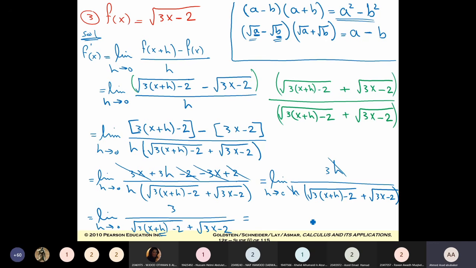Okay, so we have 3 over the same radical 3x minus 2 plus radical 3x minus 2. So we have 2 from the radical. So we have 3 over 2 radical 3x minus 2. This is the first derivative. Any question?